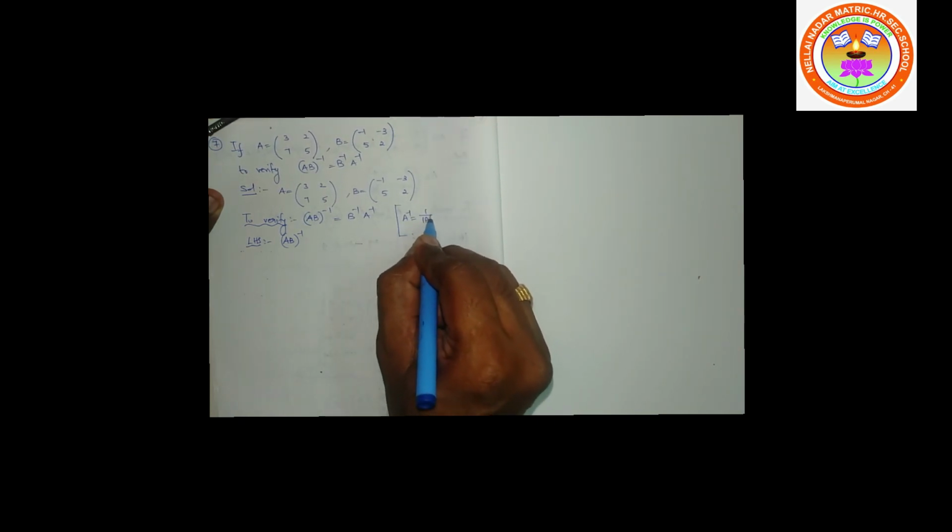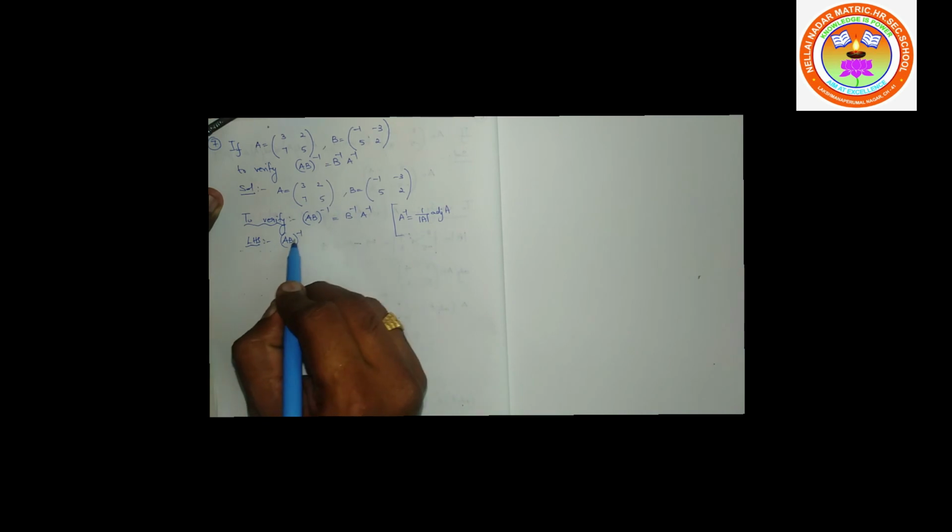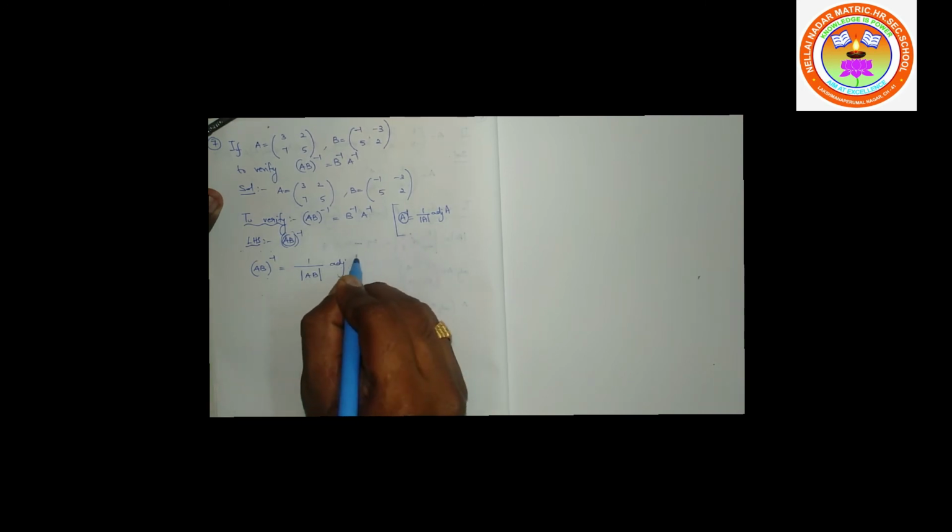We know the formula, the A inverse formula: 1 by determinant of A into adjoint of A. The same procedure, in place of A, I am having AB. So how can I write AB the whole inverse? I can write 1 by determinant of AB into adjoint of AB.